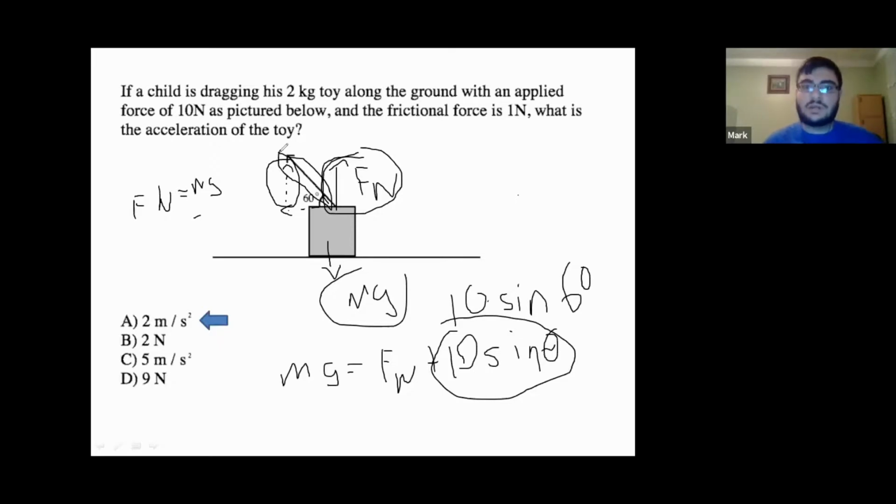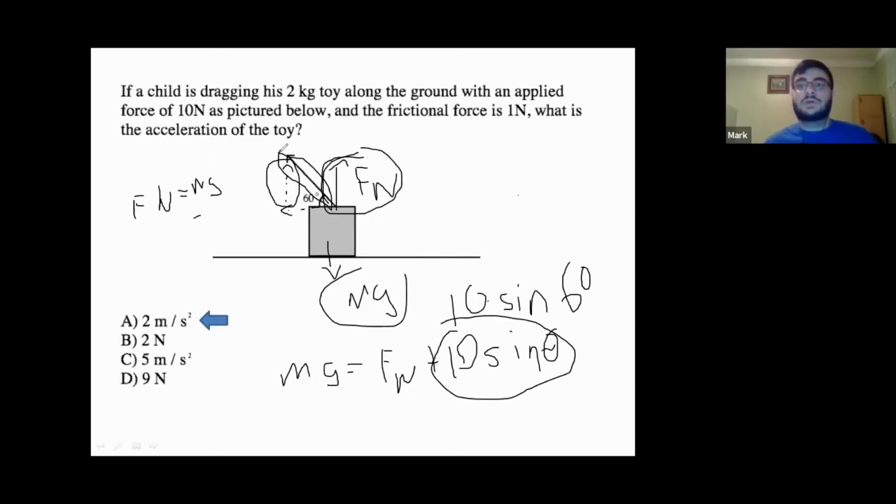Same thing if you're trying to lift something heavy. Normally, if you're just not touching it, the ground has all of the weight on it. If you pull a little bit up on something, not enough to lift it off the ground, but just a little bit, the ground is not pushing up as much on the object, because you're also pulling up a little bit on the object. So the normal force is less than if you just left it alone.